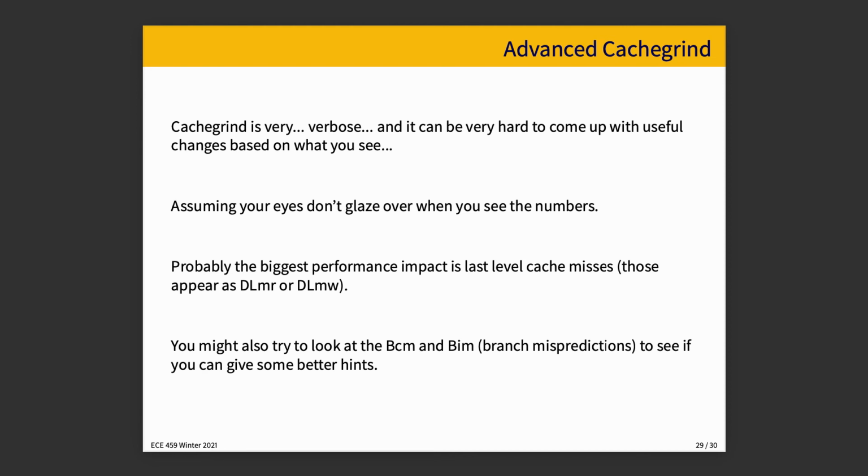Those appear as DLMR or DLMW. You could also look at the BCM and BIM, those are branch mispredictions, to see if you can give a better hint, or organize your code in such a way so that a branch is maybe no longer necessary, or is at least easier for the CPU hardware to predict.